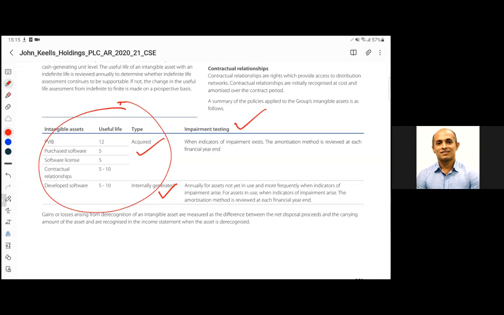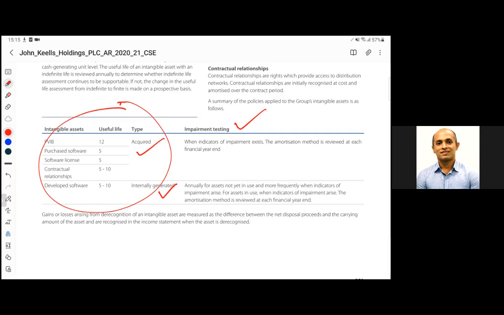Right. So you can follow a procedure similar to property, plant and equipment and see whether the company has provided adequate amortization and impairment for intangible assets.